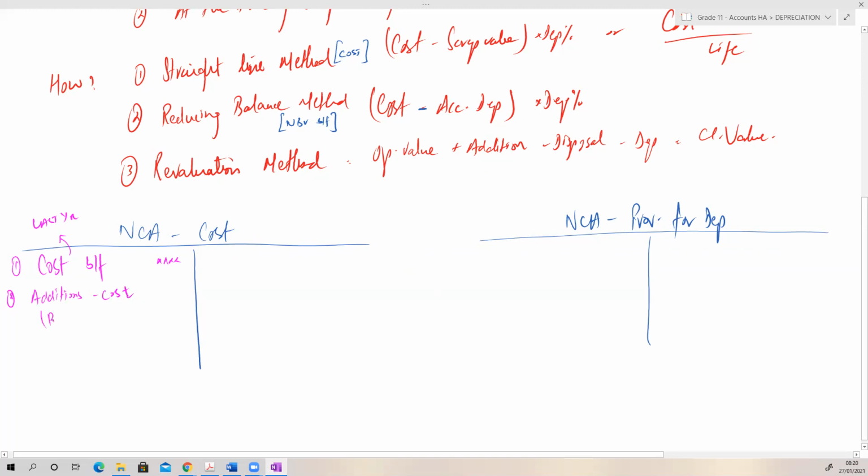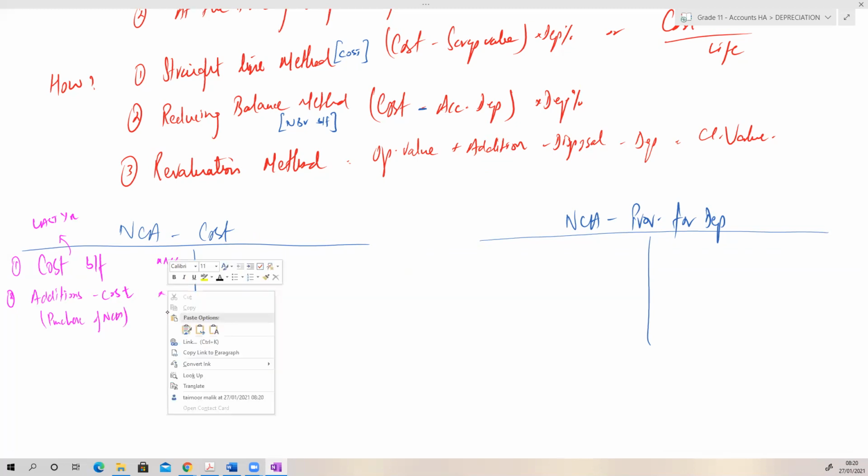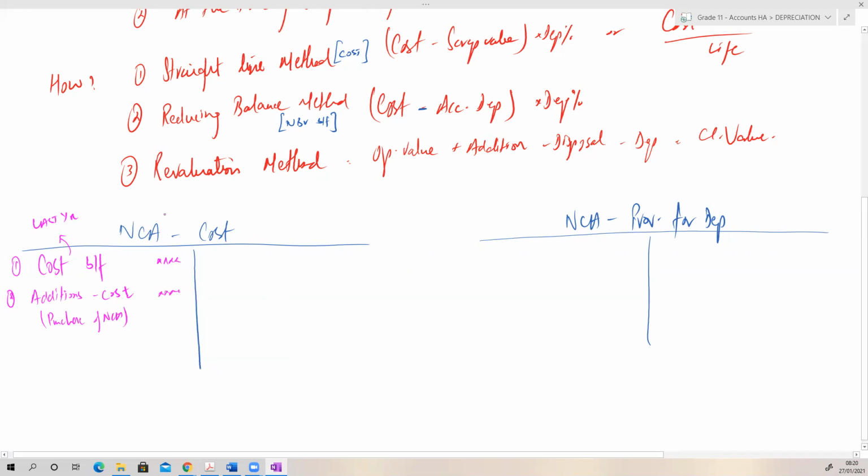Additions means purchase of non-current asset during the year. आप डेबिट करेंगे. क्यों डेबिट करेंगे? नॉन करंट एसेट एक एसेट है. इंक्रीज होगा तो डेबिट, डिक्रीज होगा तो क्रेडिट. तो जो भी एसेट परचेज करेंगे you will record it on the debit side, and assets sold during the year, disposal की cost on the credit side.